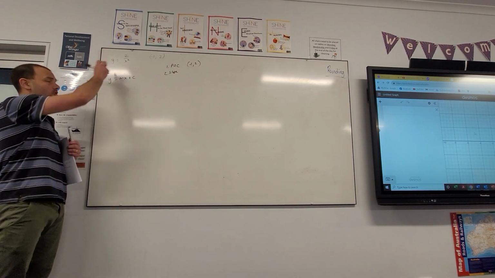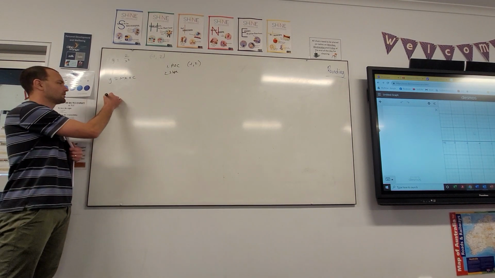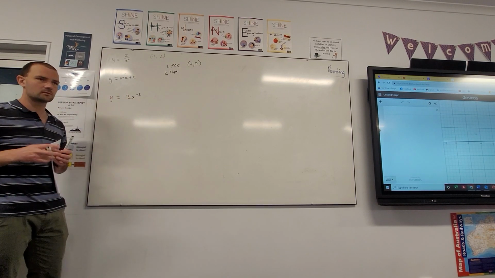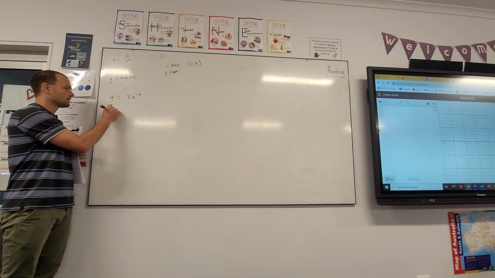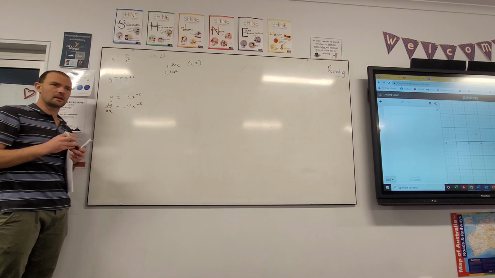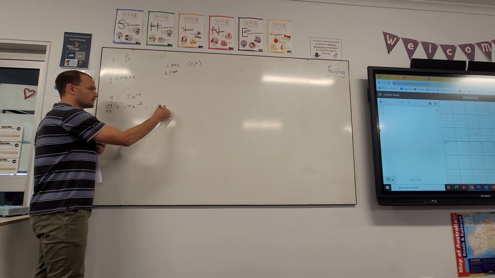Now, that's the function. We need the slope function, the derivative. So we've got y is 2x to the minus 2, which means the derivative would be minus 4x to the minus 3. That's the derivative function, and it tells us the slope for any value of x.